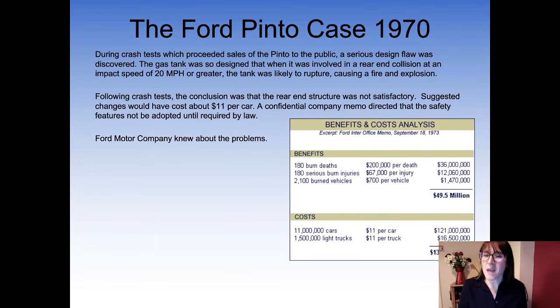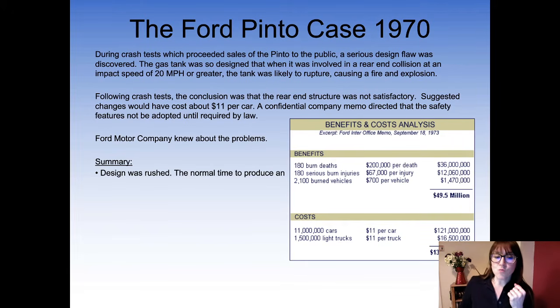They then compared it with how much it would cost to change all cars and all light trucks, and they worked out that to change the gas tanks in all of the vehicles that had been made would cost them 137.5 million. So what did they decide? They decided it was cheaper and more cost effective to let people die and not change the cars than to change all the cars to make them safer.